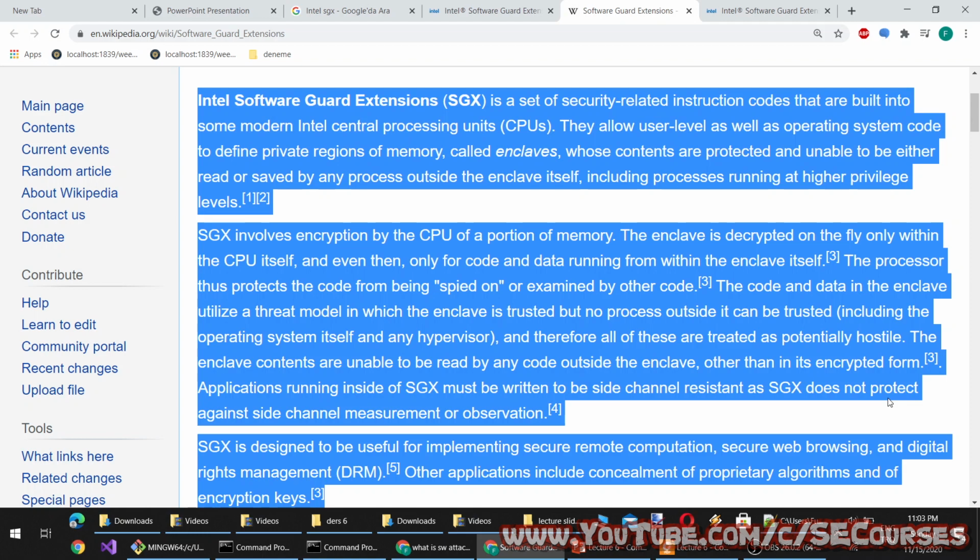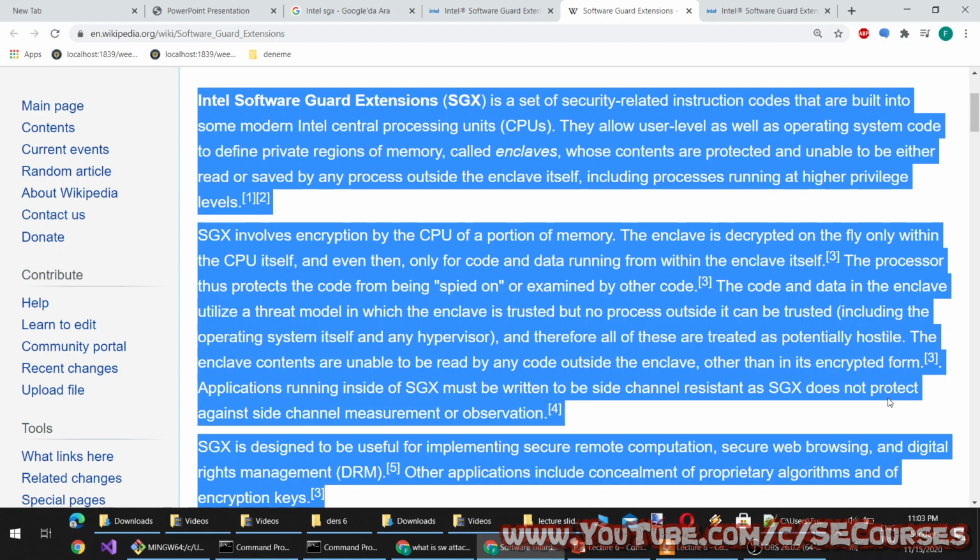They allow user-level as well as operating system code to define private regions of memory, called enclaves, whose contents are protected and unable to be either read or saved by any process outside the enclave itself, including processes running at higher privilege levels.